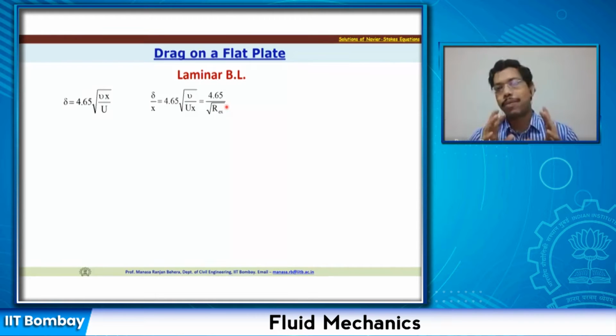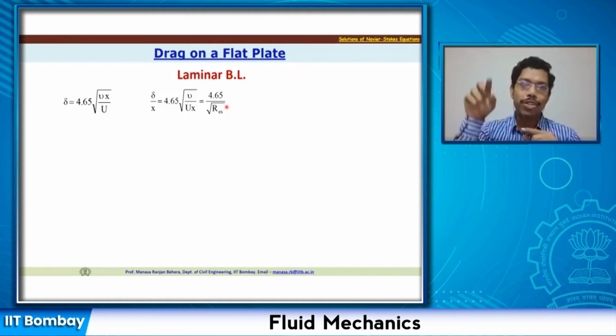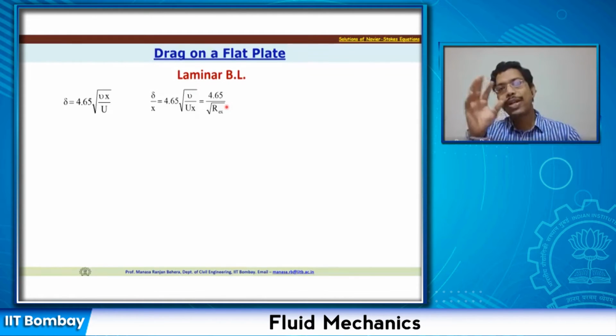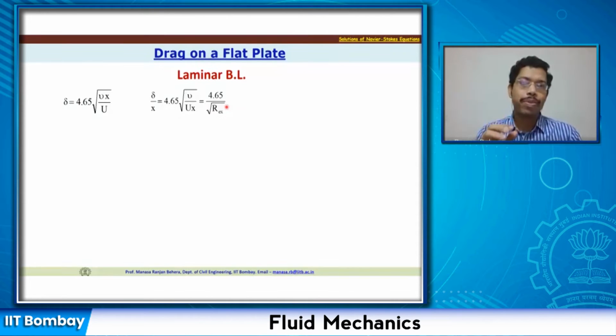If you remember, based on this assumed velocity profile that we have taken, we could write down delta by x is equal to 4.65 divided by square root Re_x. Based on the Blasius solution, what we had got was eta equals 5, so we could also write that delta by x is equal to 5 divided by square root Re_x.